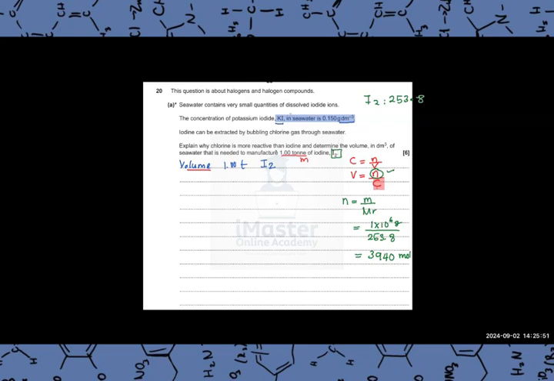So there are two things to do. Whatever is given here is not I2, that is KI. And the concentration given here is not in mole per dm cube, but in gram per dm cube. The first thing we've understood is we have to interrelate I2 with KI to do this question further on finding the concentration.